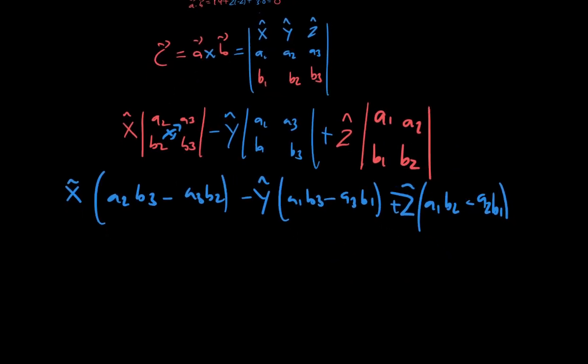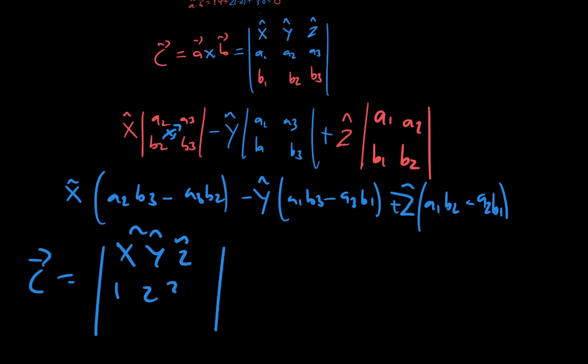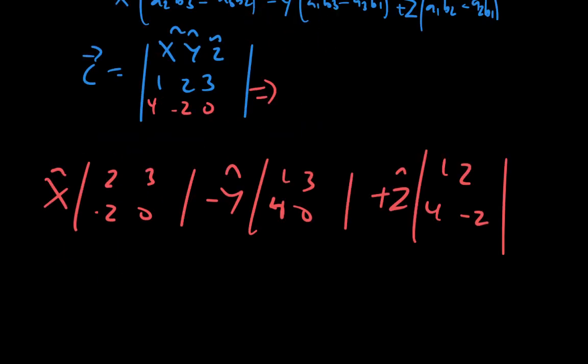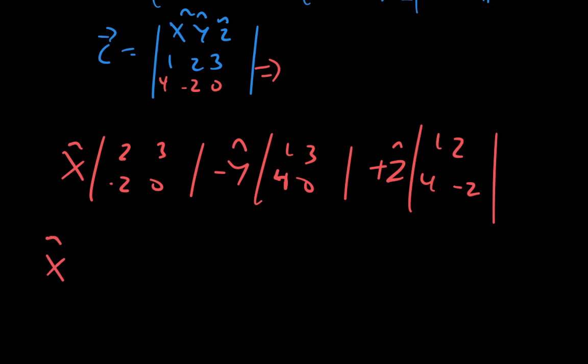So if we use those same two vectors from before, 1, 2, 3 and 4, negative 2, 0, we end up with these matrices, and now we take the determinant of each.